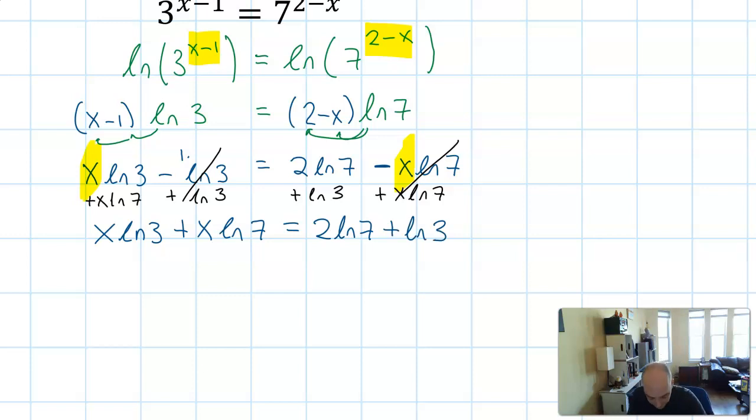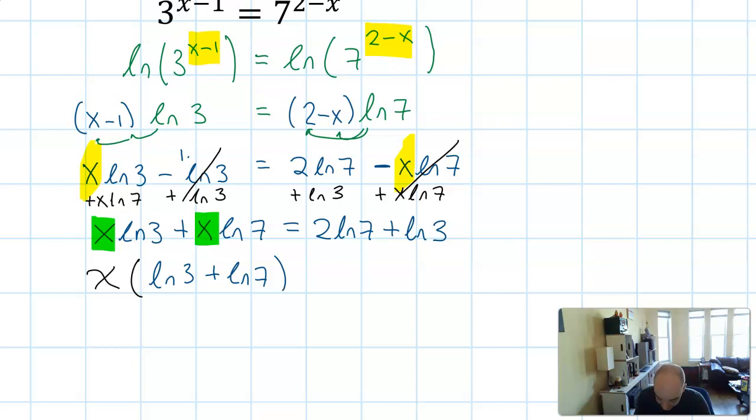We're getting somewhere. We can't combine these x's because they have unlike coefficients, natural log 3 and natural log 7, even though they're both natural log, can't combine. But what you can do is factor out that x. So this can be x times natural log 3 plus natural log 7.